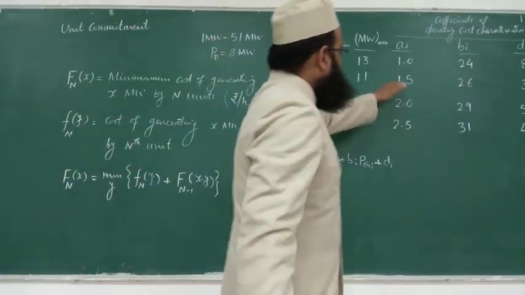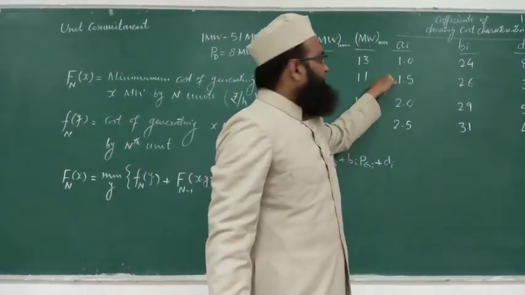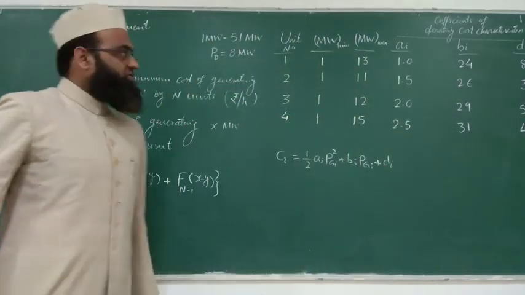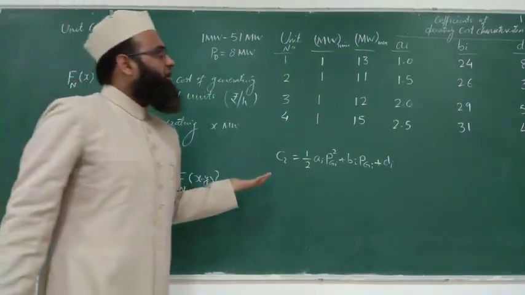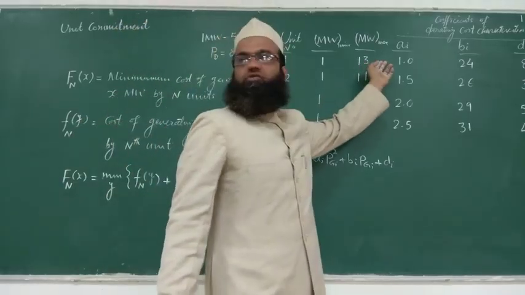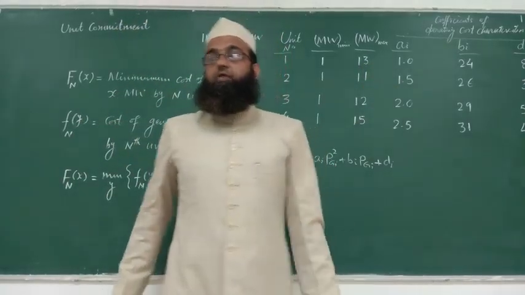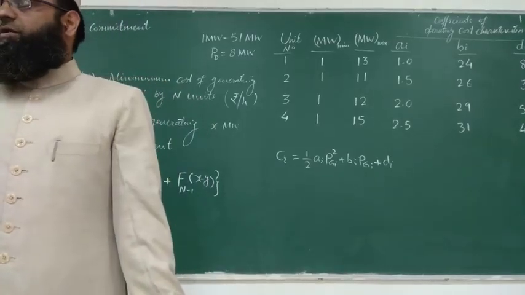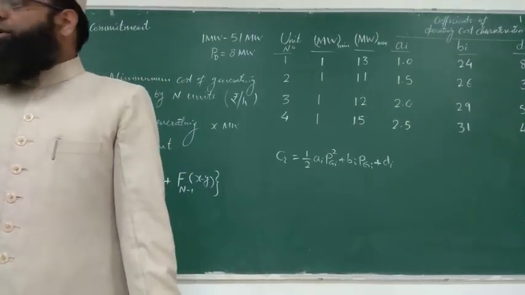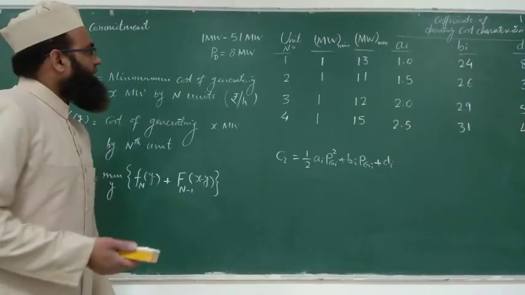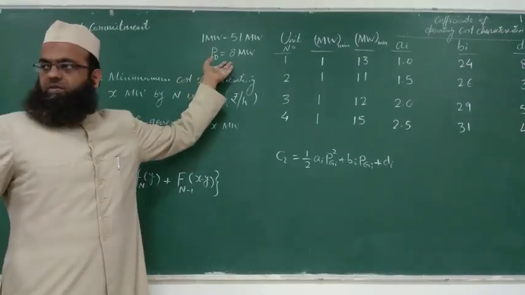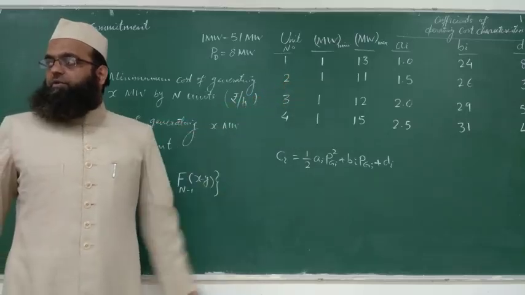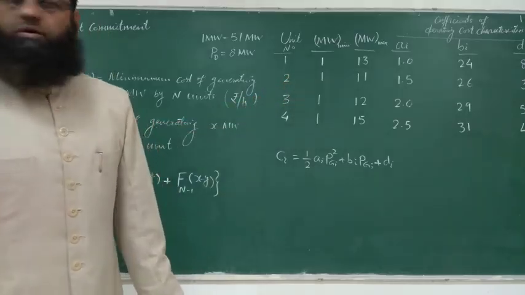But this coefficient is more than this. This coefficient is more than this. So if you are asked to select any one unit, then you can guess, okay, we can select this unit. But it will not always give the optimal operation for each loading. You have to calculate. We will see, right? If PD is varying, then corresponding to that you will again select the optimal combination. Is it clear to you?